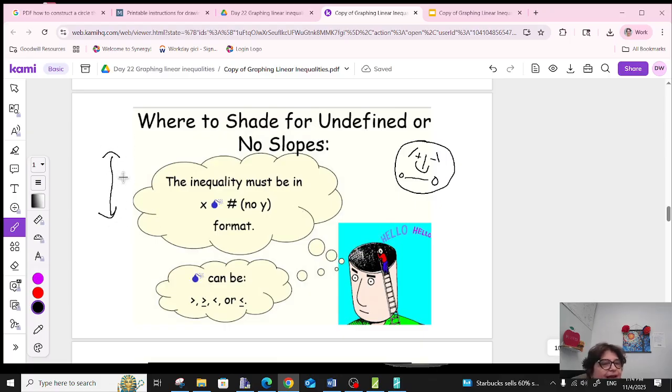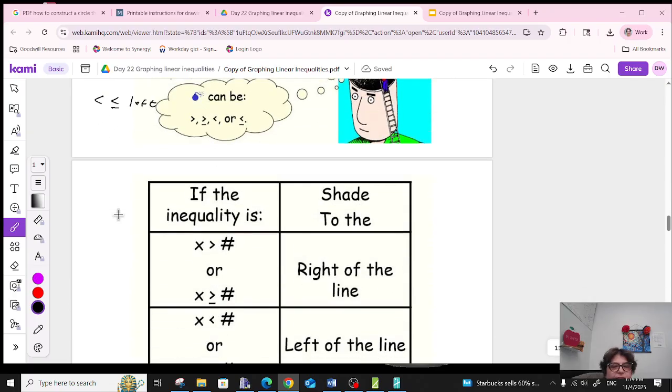Well, if it's straight up and down, there is no up or down. You're either going to shade to the left or to the right. If it is greater than or equal to, I'm going to shade to the right. If it's less than or equal to, you would shade to the left. And this is only for when you have vertical lines.